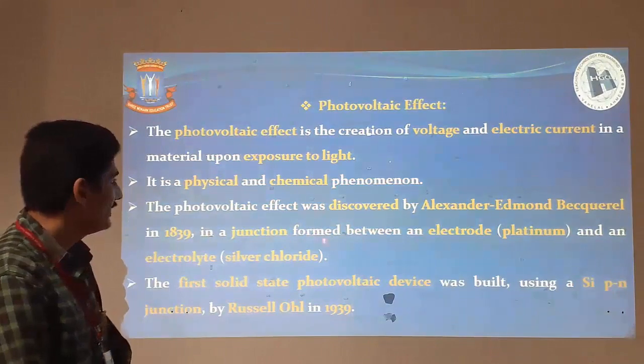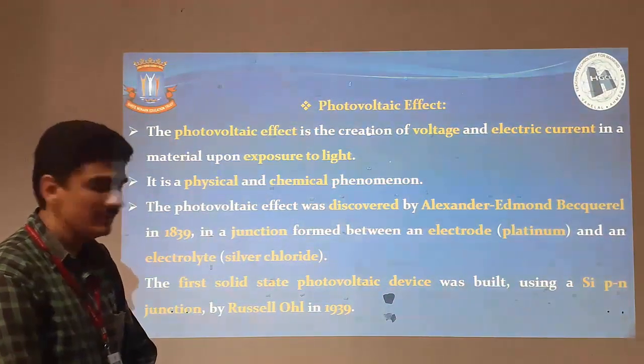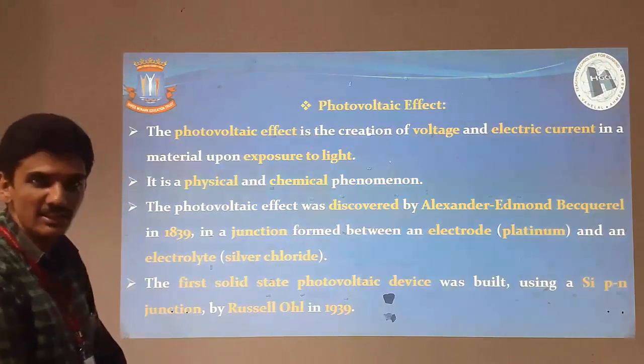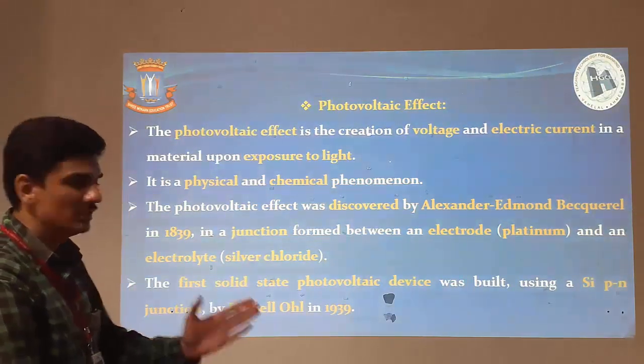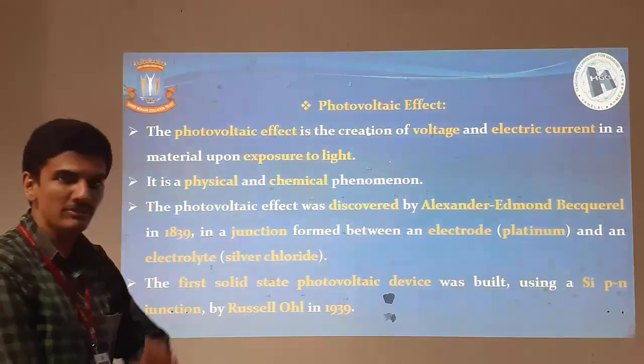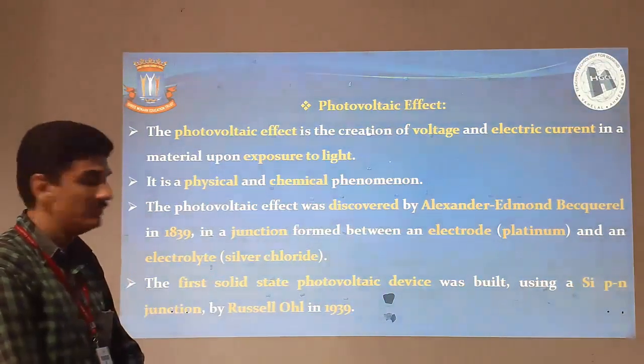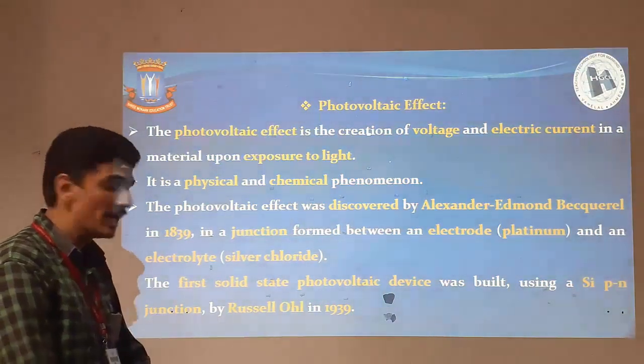The photovoltaic effect was first discovered by Alexander Edmund Becquerel in 1839 in a junction. Junction is the contact which was formed between an electrode formed of platinum and an electrolyte which is silver chloride.